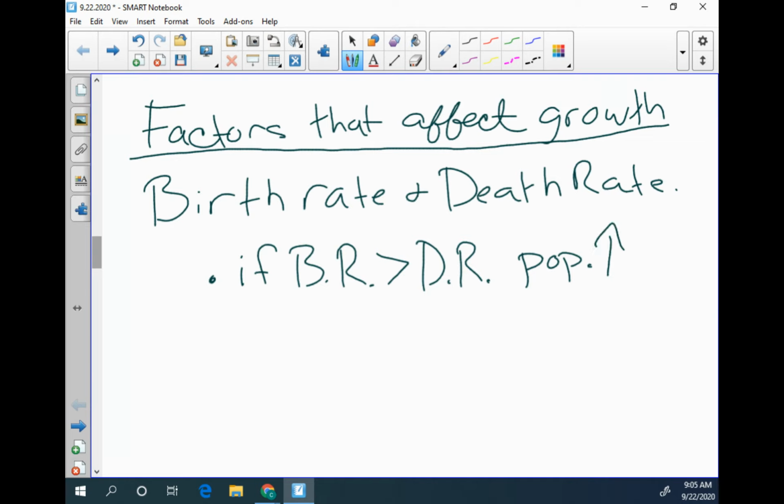If you get my kind of mathematical shorthand. If the birth rate is smaller than the death rate, the population will decrease. If more organisms are being born than dying, our population is going to get bigger. But if more organisms are dying than are being born, then our population will decrease.